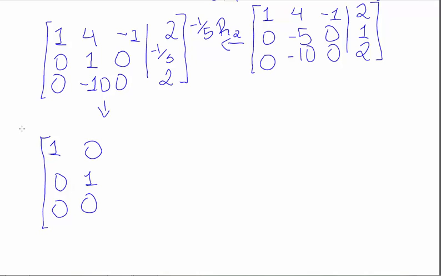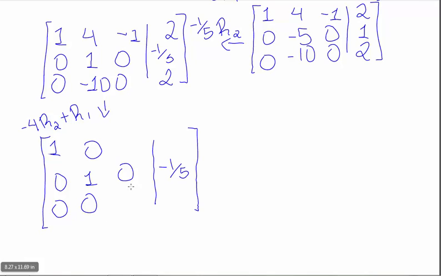To get the first one, we'll do negative 4 times the second row plus the first. That gives 0 plus 1, which is 1. Negative 4 plus 4 is 0. 0 minus 1 is negative 1. Positive 4/5 plus 2, which is 14 over 5.